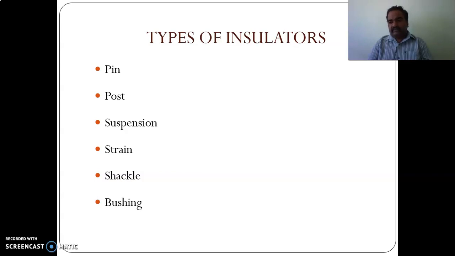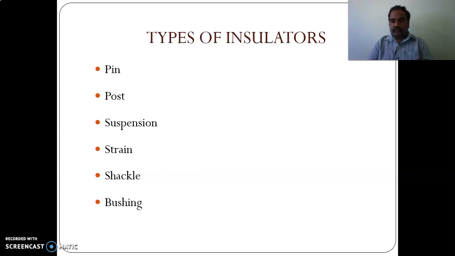All these insulators are mostly made up of porcelain, or what we call ceramic, and glass. Glass is being extensively used for making insulators in Europe and North America. Nowadays, composite insulators are there in the market.